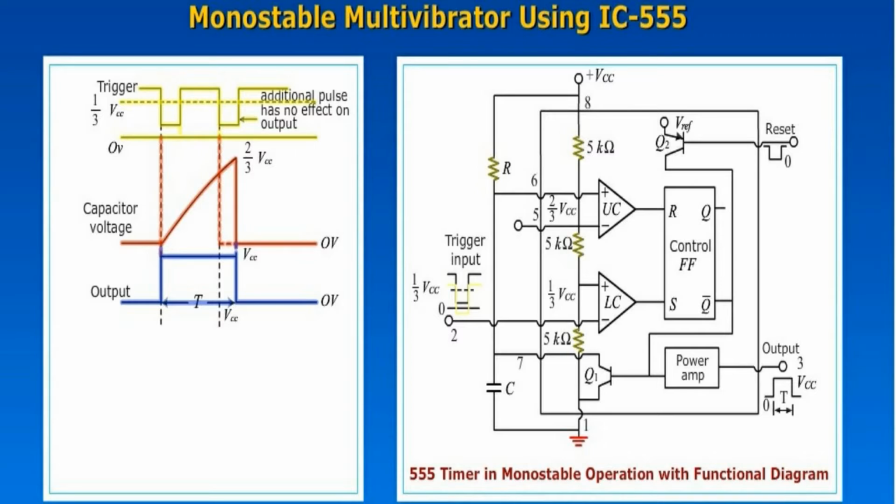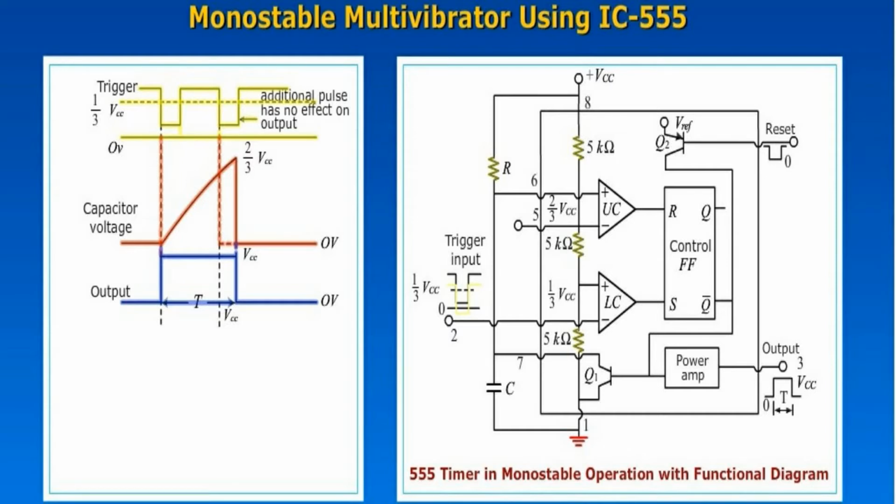The applied negative trigger pulse is less than 1/3 VCC, hence the lower comparator output goes to the high, that is S equal to 1, because the lower comparator output is connected to the SR flip-flop input S, hence the S equal to 1.